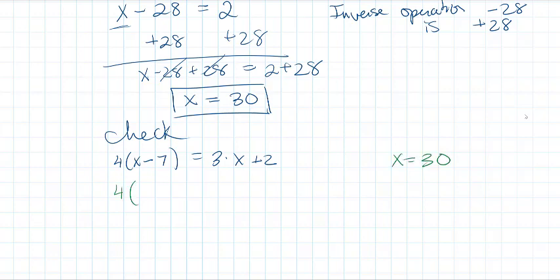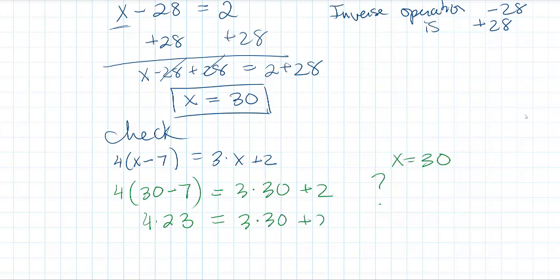So we have 4 times 30 minus 7 equals 3 times 30 plus 2, with a question mark there. 30 minus 7 is 23, so 4 times 23 should be equal to 3 times 30 plus 2.